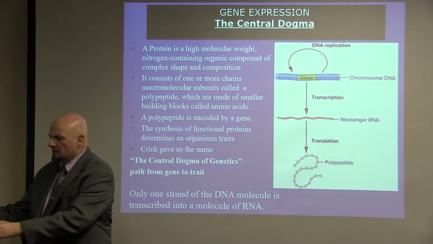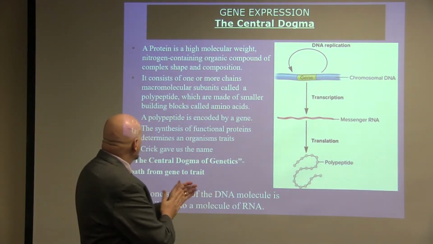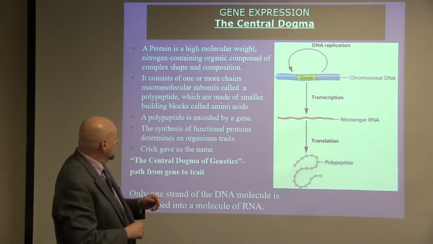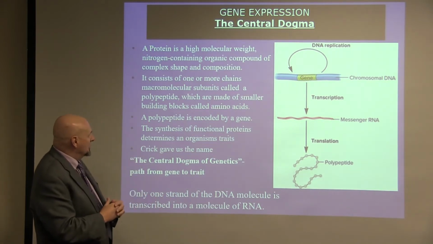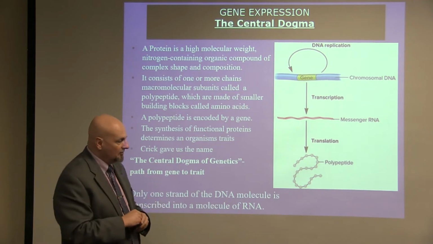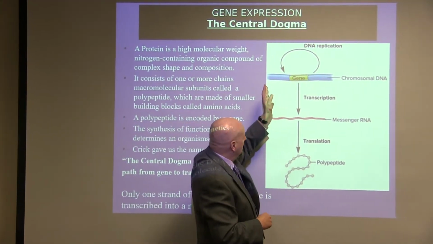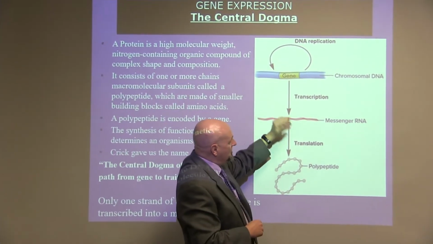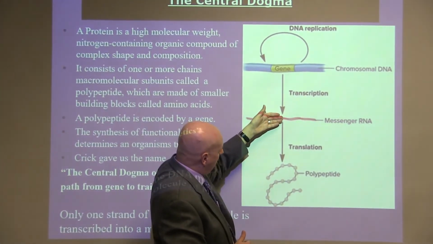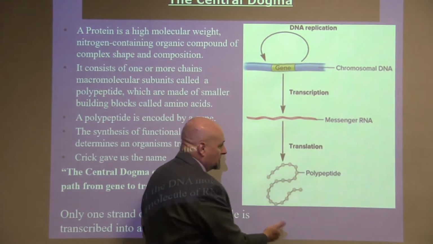So we have a central dogma here that actually was created by Watson and Crick. They said that based upon our understanding of the system, you had a gene that could replicate itself, and then that gene would express a messenger RNA, and then from the messenger RNA that could be translated into a polypeptide.